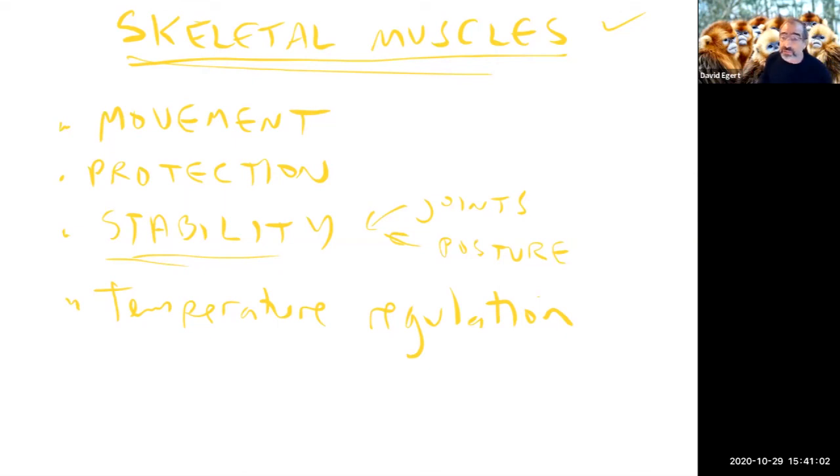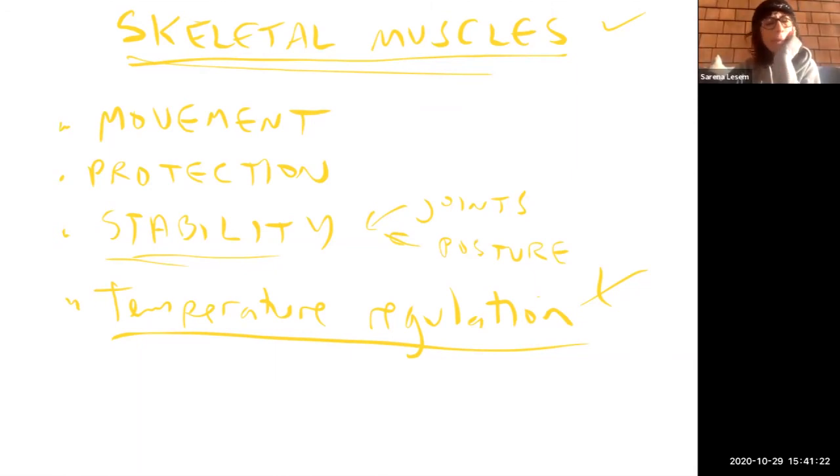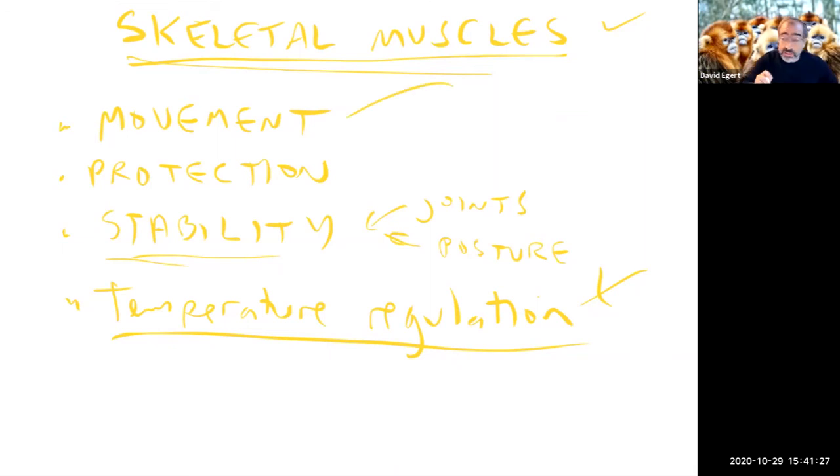However, sometimes we actually take advantage of that, and we use that heat for temperature regulation. Where do we see that? What's the evidence that we use muscles to generate heat to keep our temperature? Shivering, right? When we shiver, you're moving your muscles around. It's not about going anywhere.